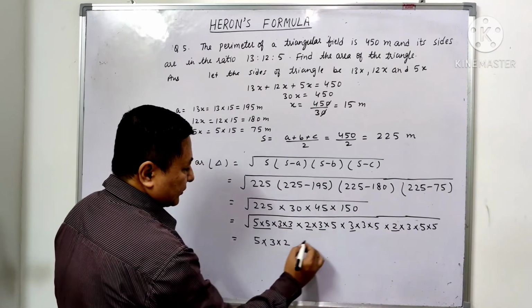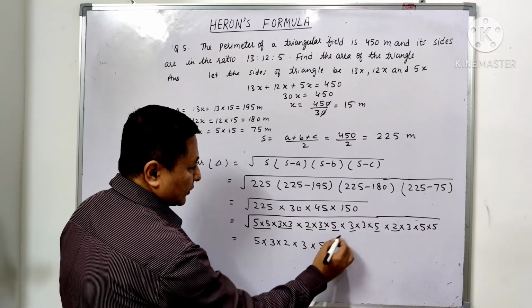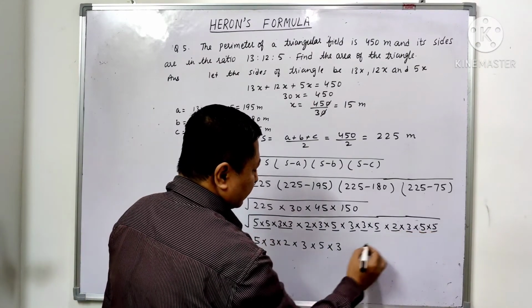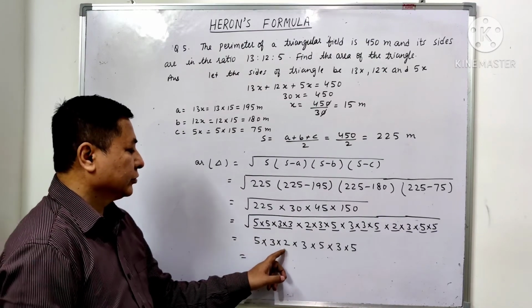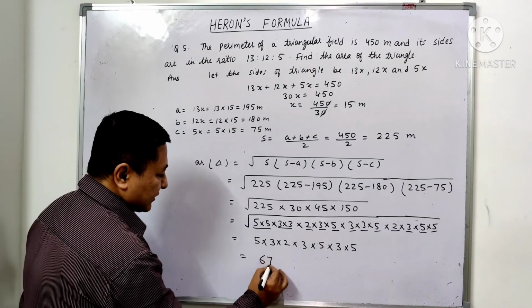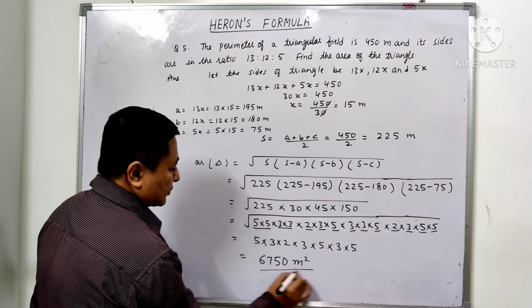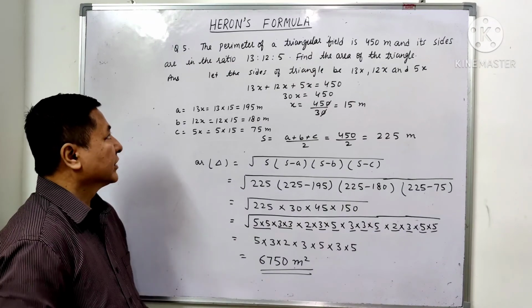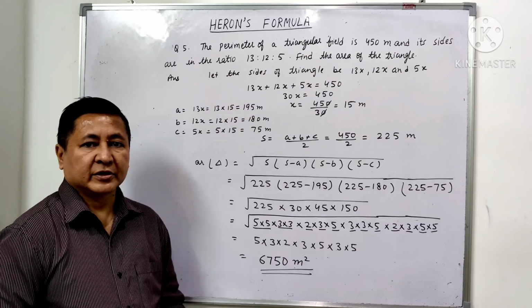This 3 and 3. This 5 and 5. Now when we multiply 5 into 3 into 2 into 3 into 5 into 3 into 5, we get the answer 6750 meter square. So the area of the triangle whose perimeter is 450 and whose sides are in the ratio 13:12:5 is 6750 meter square.